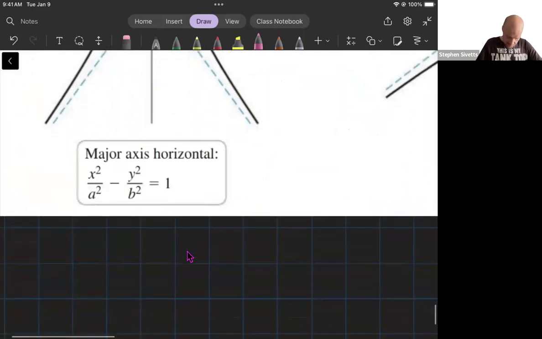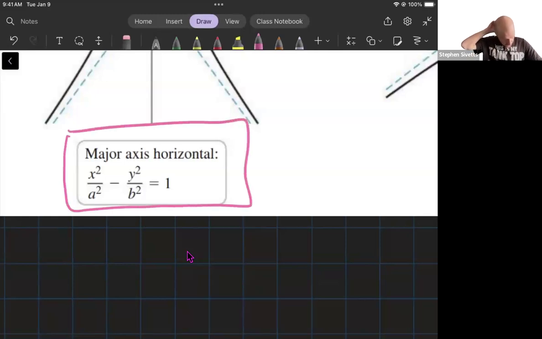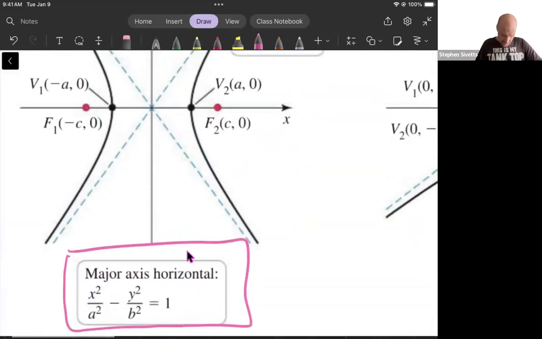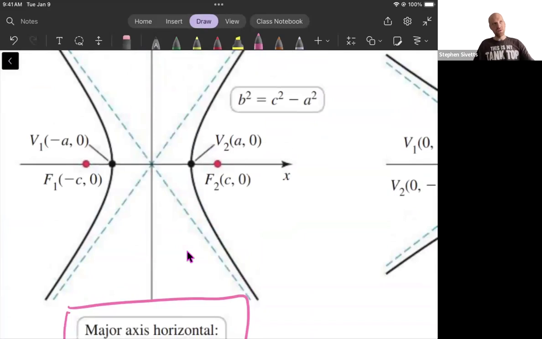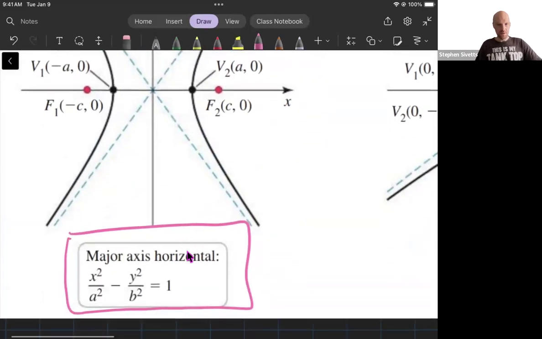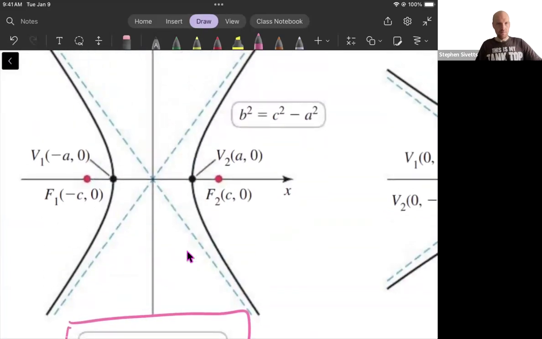And this is the straightforward equation of the hyperbola: x squared over a squared minus y squared over b squared is 1. Since the y squared is negative, we want the hyperbola to be symmetric with the x-axis, right?